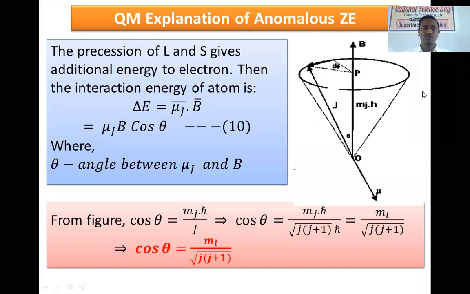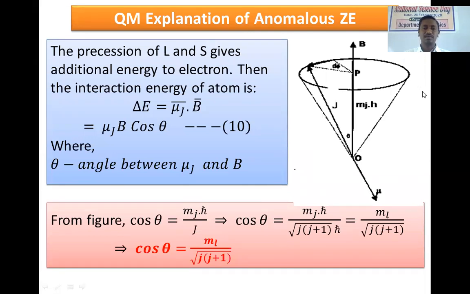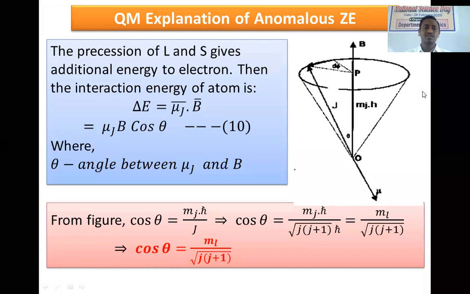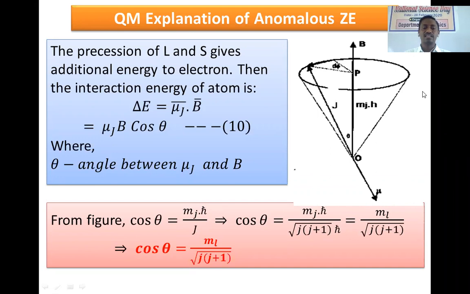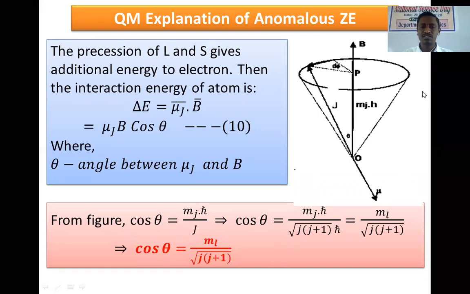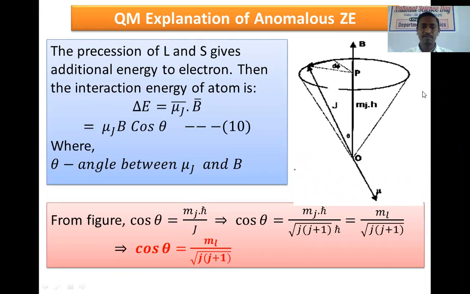Now we know under the application of magnetic field, the vectors capital L and capital S precess about the direction of magnetic field that gives the additional energy to electron. This calculation is somewhat similar to the previous calculations, as we have discussed in the explanation of normal Zeeman effect. But in place of that, here capital L and S are used.